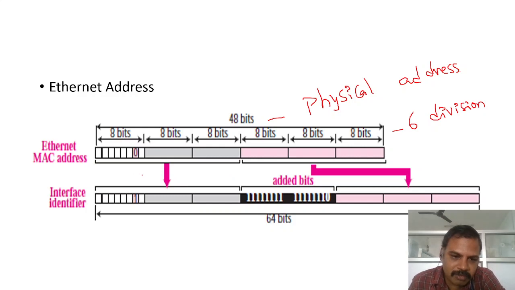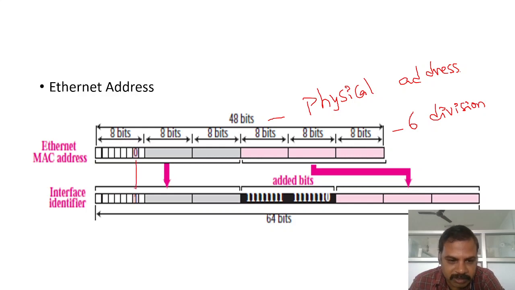If you want to derive the interface identifier, the host ID, from the existing Ethernet address, concentrate on the first byte, the first 8 bits. Always the 7th bit will be 0.